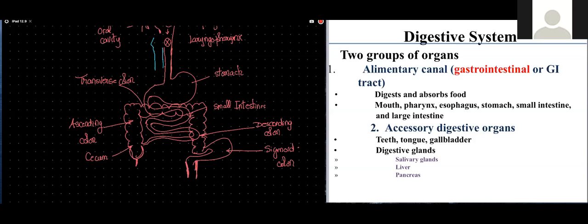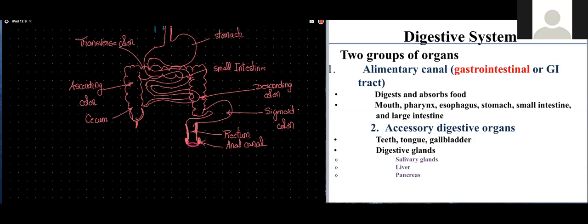This is going to be the rectum. That will conduct this undigested and absorbed part of the food to an anal canal and its opening through which you're going to be conducting the feces to the outside of the body. It's the anus.